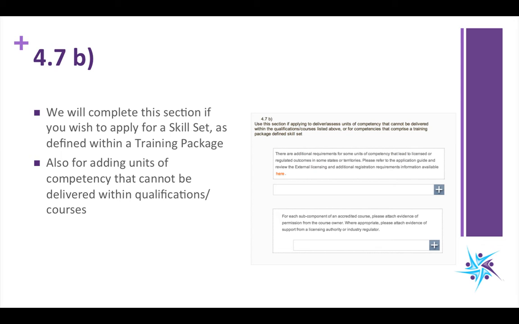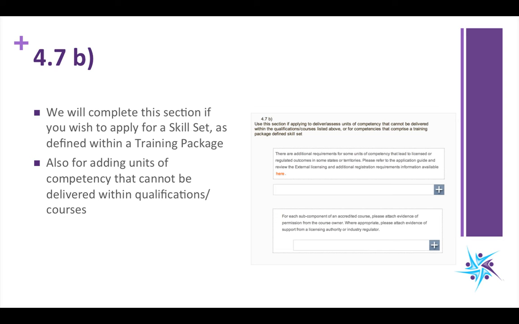It might be 4, 6 units of competency from a training package that is commonly required within specific industries. So, for example, there's actually a skill set within the Certificate IV in Training and Assessment, and under that there are units that are specific for enterprise RTOs or supervisors in the workplace who will only be assessing.